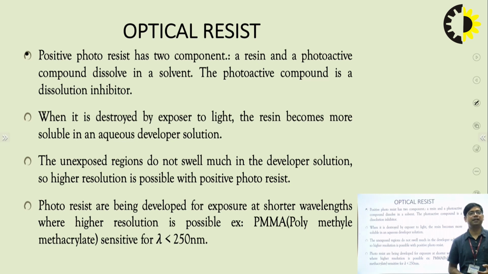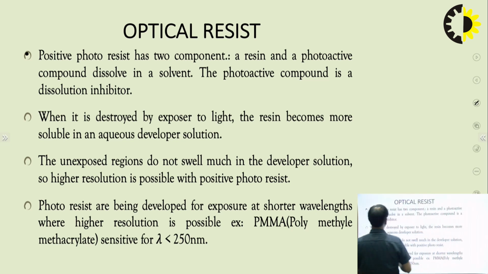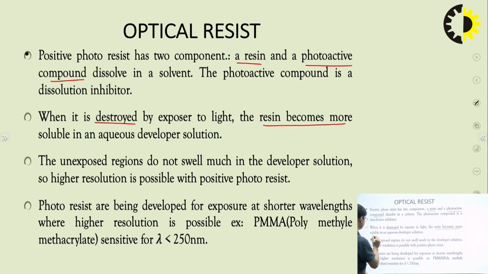So the resin becomes more soluble in an aqueous developer solution. So we have two parts, a resin and a photoactive compound. The photoactive compound, when exposed to radiation, gets destroyed and the resin becomes more soluble.